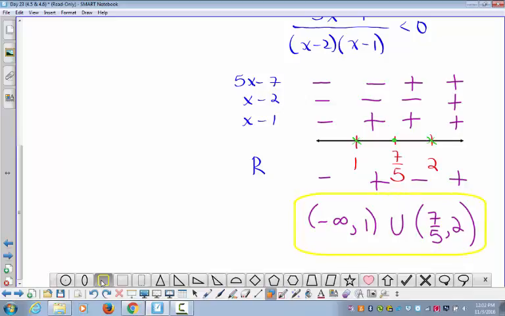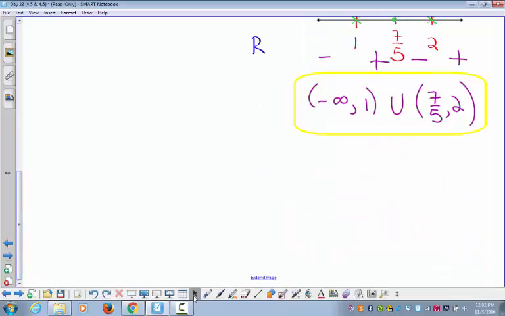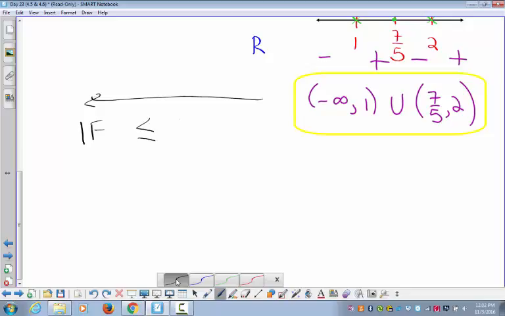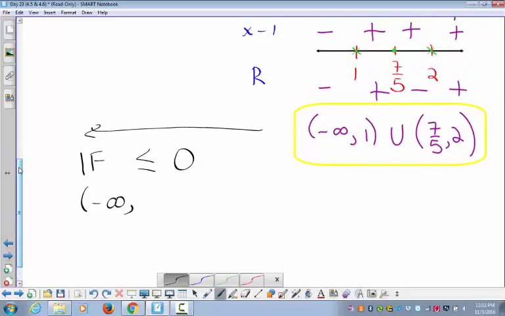Now, if that was less than or equal to, let's just put an extra note here. If it was less than or equal to 0, then we would have negative infinity to 1. We would not include 1 because that causes division by 0. Union. 7/5 is okay, though. It's a 0 from the numerator.